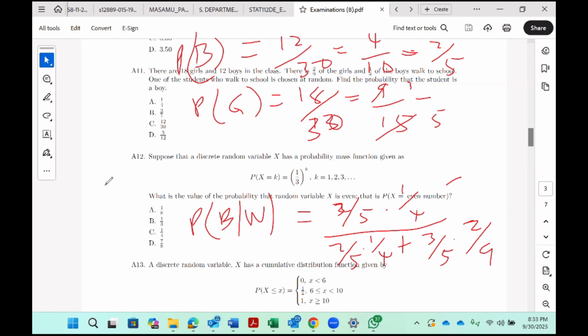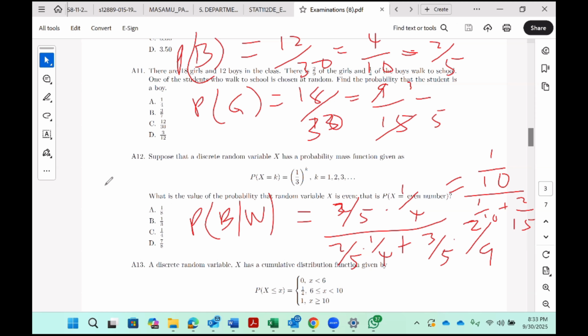So the numerator, we are getting 1 over 10 as what we had, and the denominator, this is 1 over 10 plus, and this will give us 2 over 15.